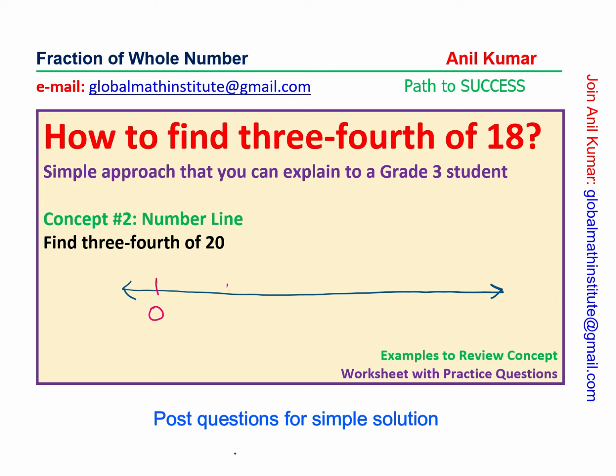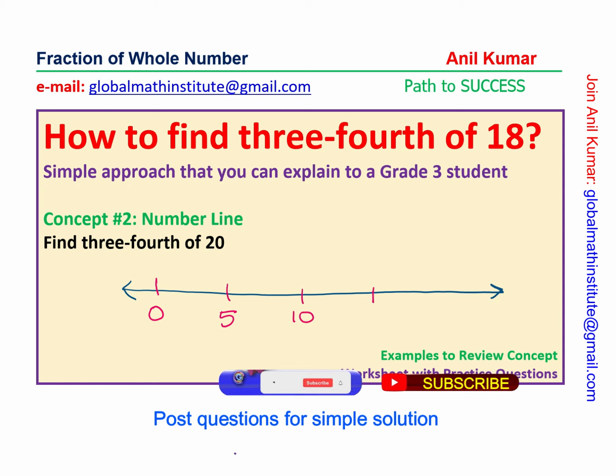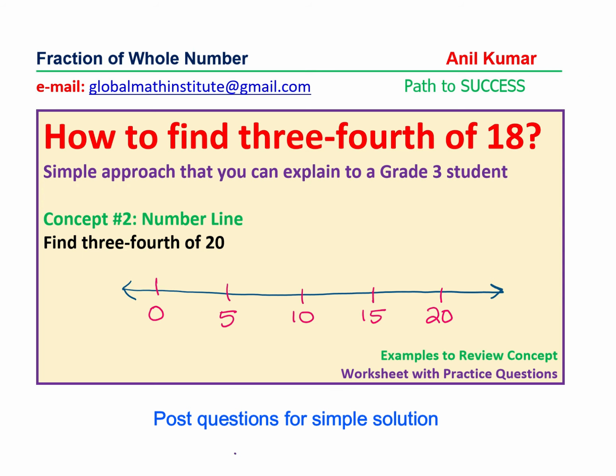So, I'm saying 5, 10, 15, 20. Right. So, when we talk about 3/4, it is good to take friendly numbers. 4 times 5 is 20.